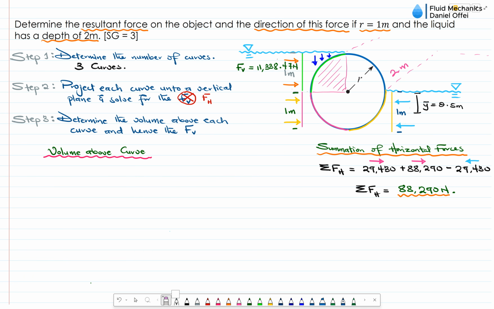We do the same thing for the two other curves, and one thing we are supposed to note is the direction of that vertical force.